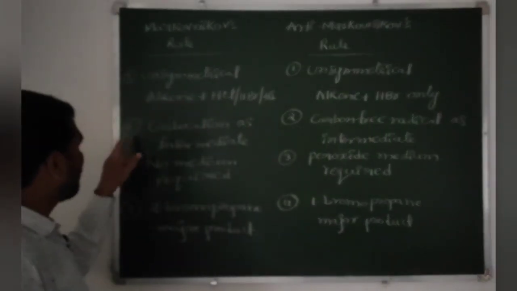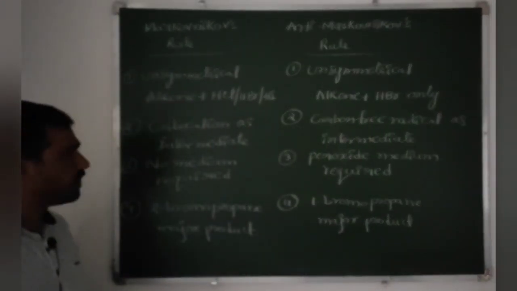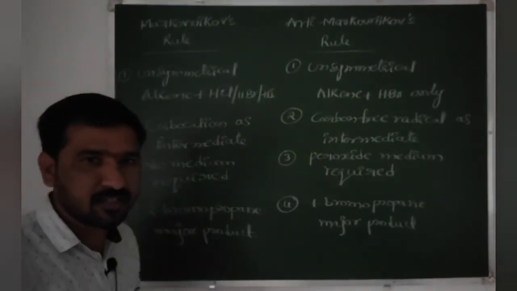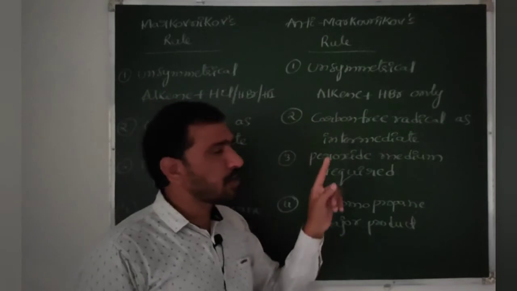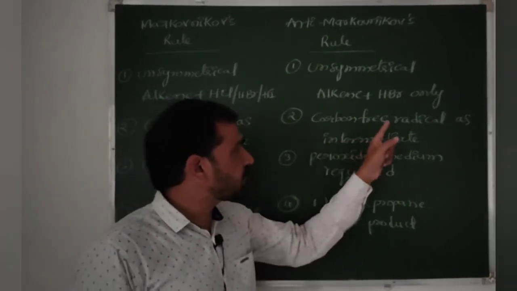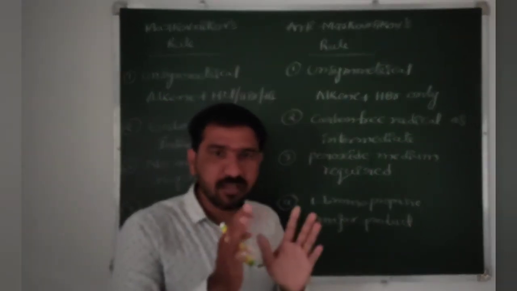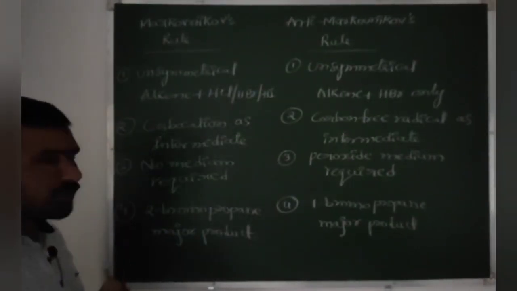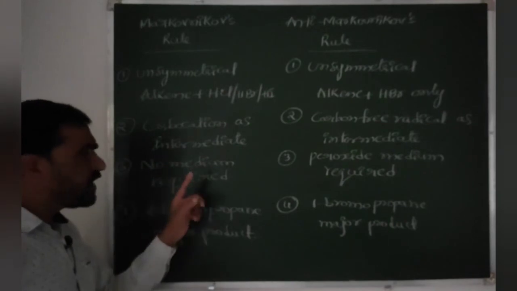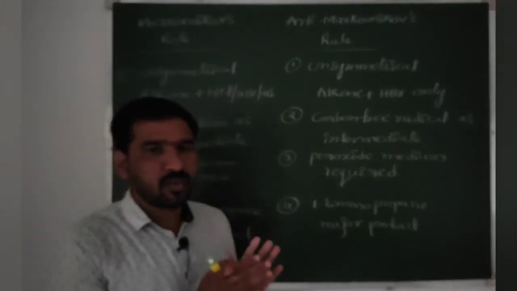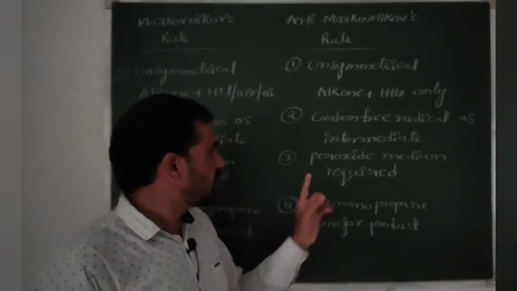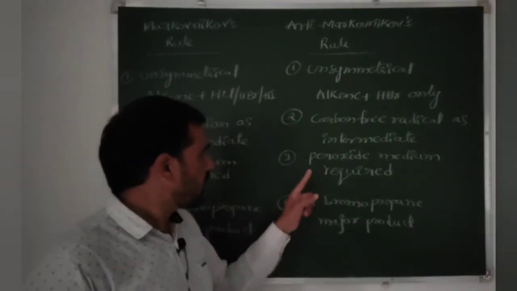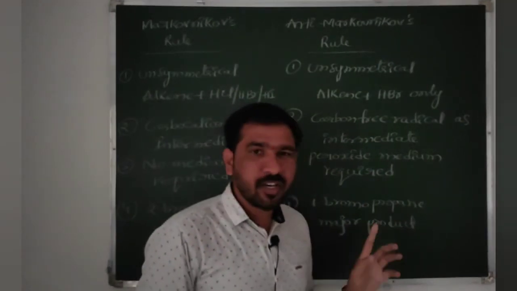Then coming to the second point, under the Markovnikov rule a carbocation is formed as intermediate, right? But in the anti-Markovnikov rule, a carbon free radical is formed as intermediate. Is it clear? Then coming to the third point, under the Markovnikov rule, no medium is required for the reaction, but to conduct the anti-Markovnikov reaction, peroxy medium will be required.